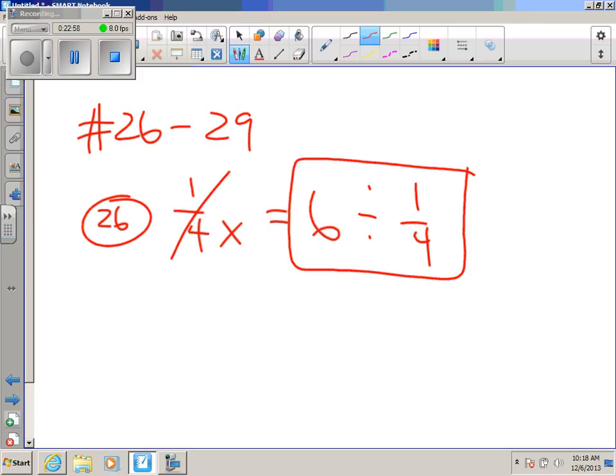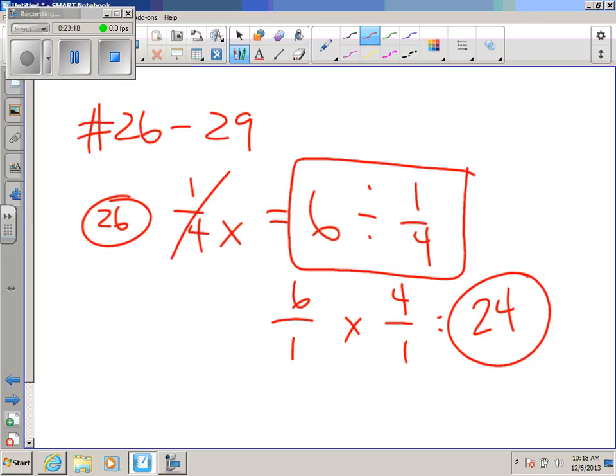The second one, what we're dividing by. We just said the opposite of multiplying by 1/4 was dividing by 1/4. So, fraction form, let's flip it, equals 24. What is 1/4 of 24? It's 6.